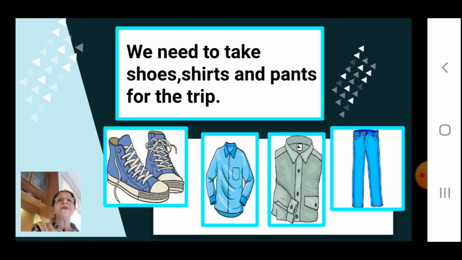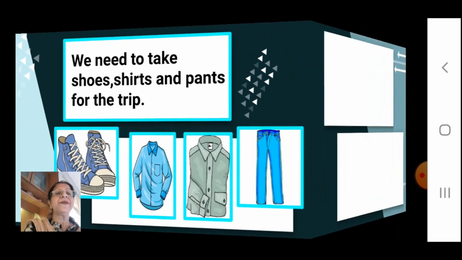You can see after shoes we have put a comma because we can't continue like this: shoes shirts and pants for the trip. Because it is showing a pause, we need to take shoes, shirts and pants for the trip. So where we are putting a pause, we have to put a comma. Is it clear, children?